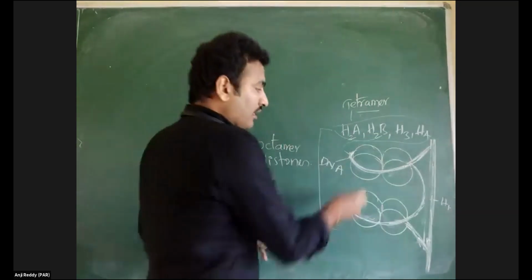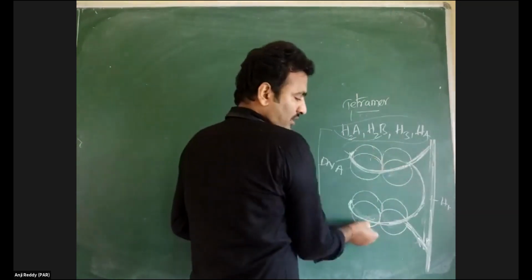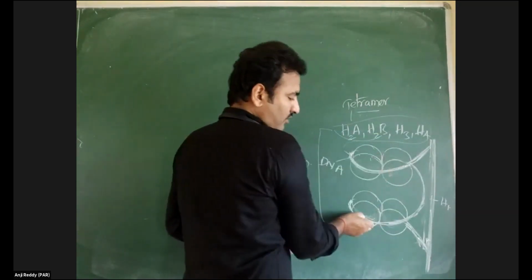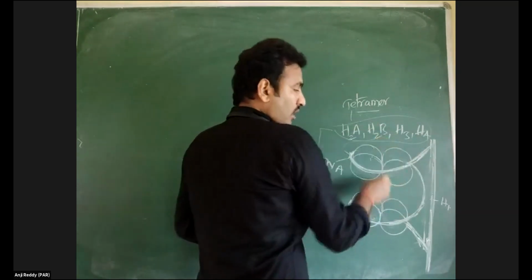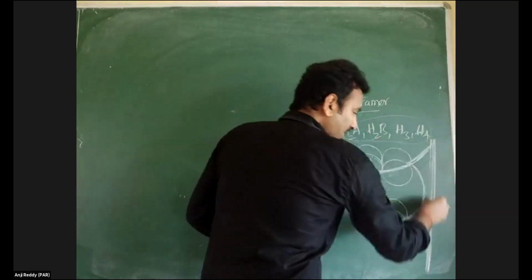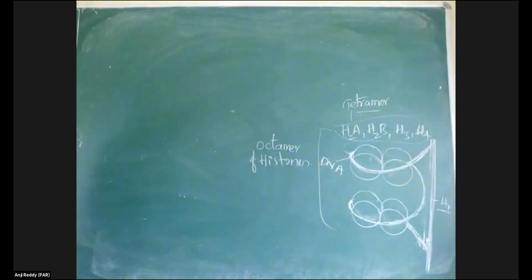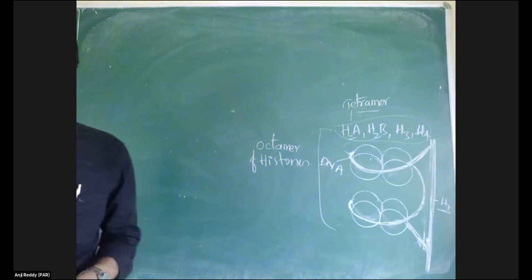That octamer has 2 tetramers, one here and one here. The 2 tetramers and DNA are interconnected with the help of another protein called H1 histone protein. H1 is linking the 2 tetramers. It is a connecting point between the 2 tetramers, forming the complete octamer.